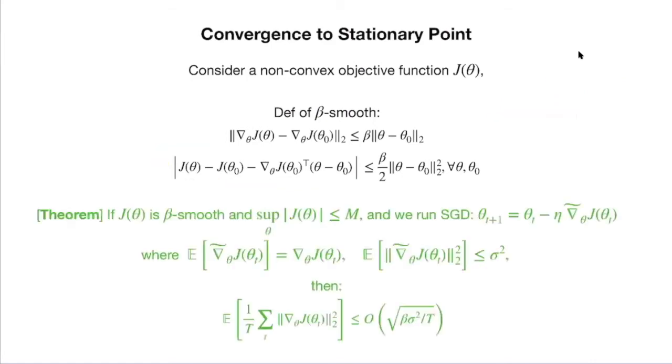If that's the case, then we can show that SGD succeeds in the sense that it finds a local minimum solution in expectation.